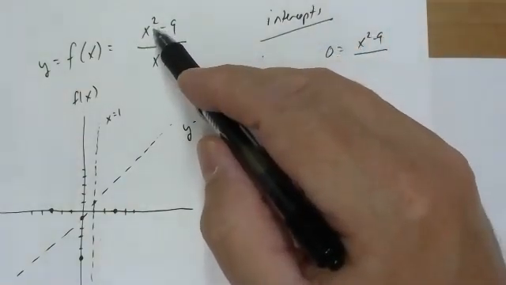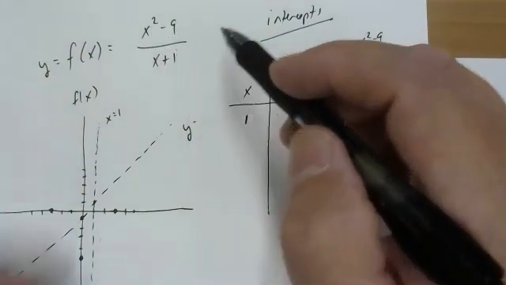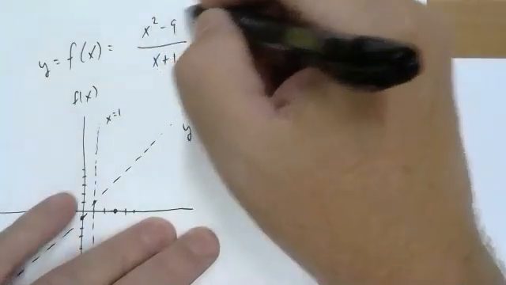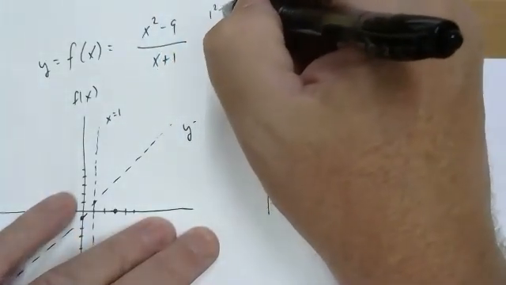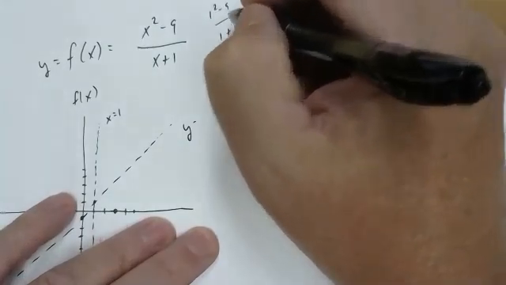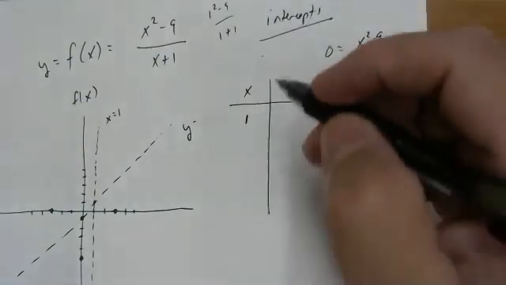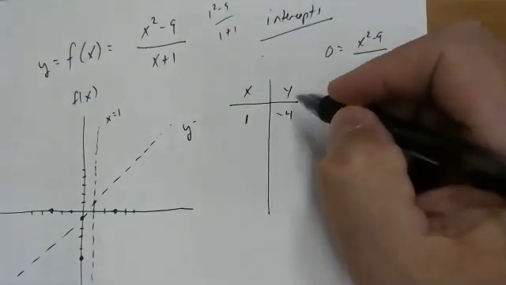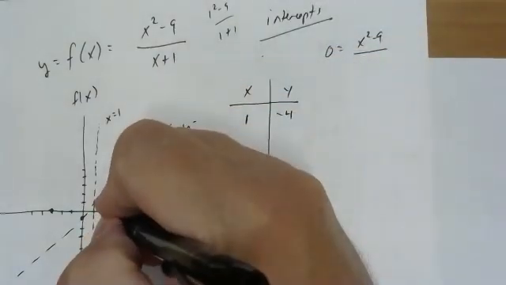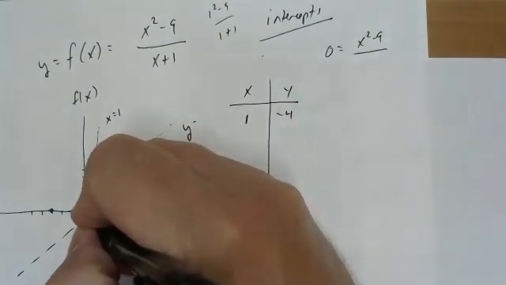So I put 1 squared minus 9 over 1 plus 1, which is -8 over 2. So when x is 1, I can go here.